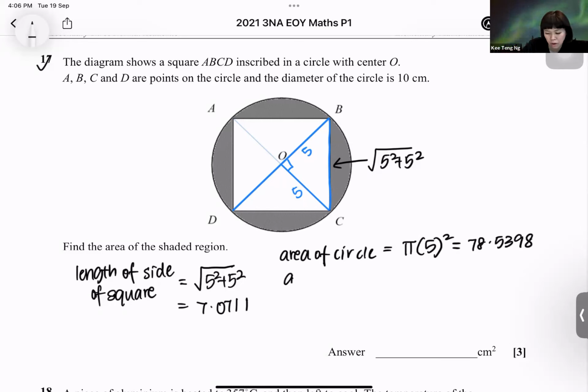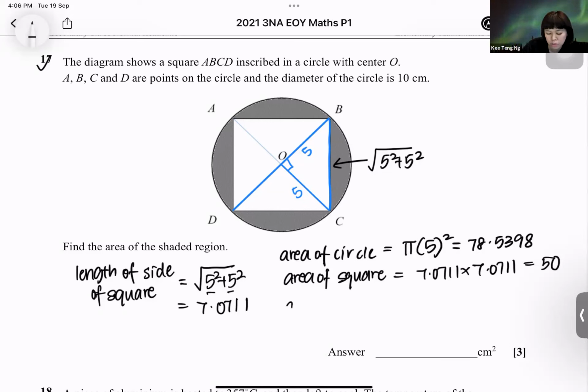Then find the area of the square: 7.0711 times 7.0711 gives approximately 50. Yes, it should be 50, since the square of the square root of 25 plus 25 is 50.